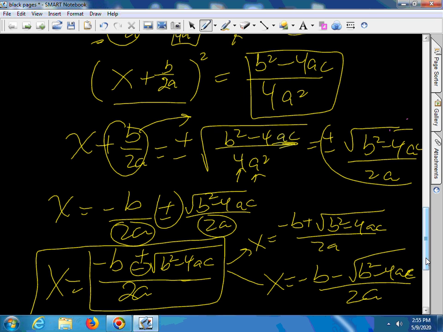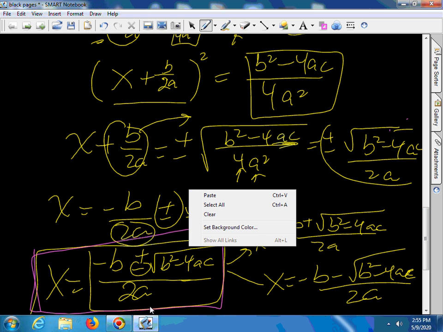Now that was extra. Here is the derivation of the quadratic formula. Stop memorizing.